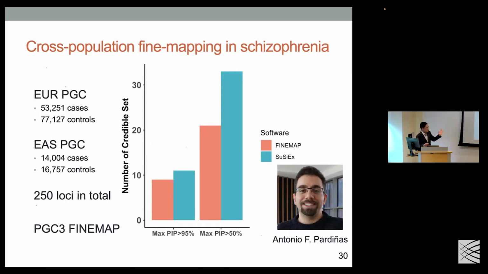The left one is maximum PIP greater than 0.95, and the right one is maximum PIP greater than 0.5, with different color schemes for different software. We can say our method is better than FINEMAP, especially for the variants with maximum PIP greater than 0.5.